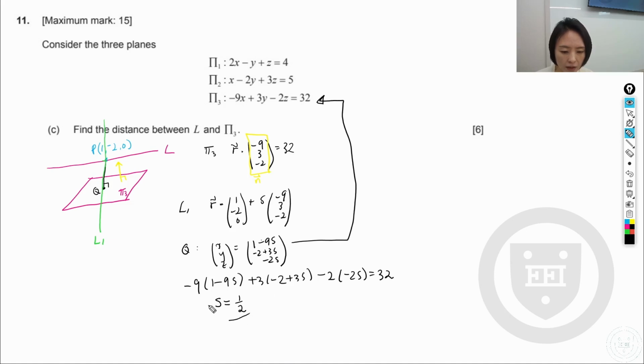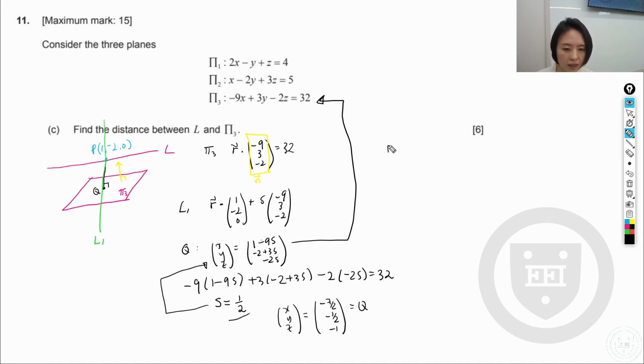Then if we plug a half into that, we get (x, y, z) equal to (negative 7 over 2, negative half, negative 1). Then that's Q.